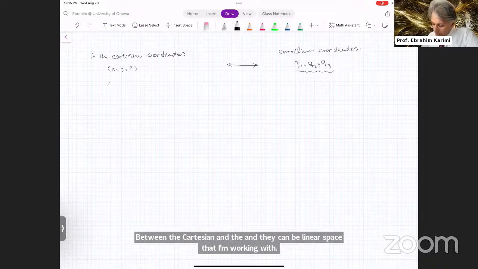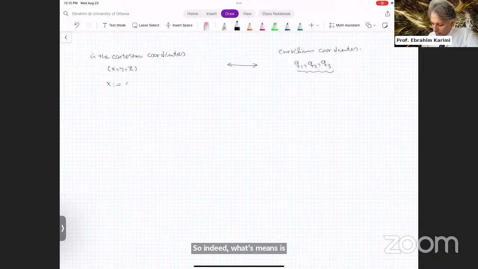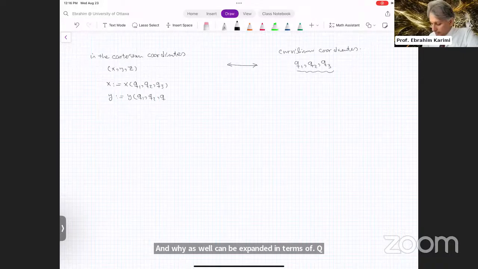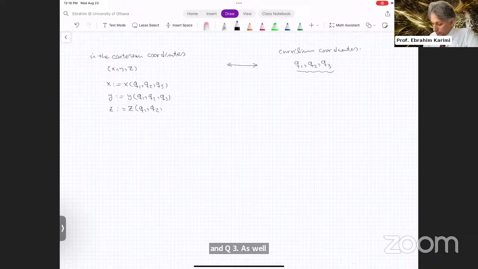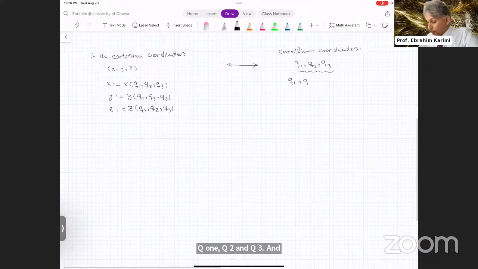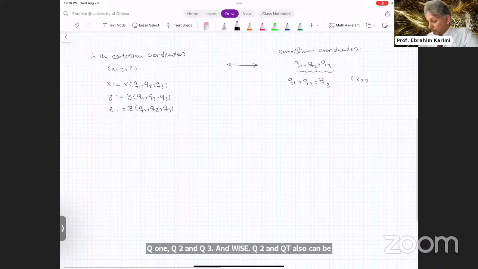So X can be expanded in terms of Q1, Q2, and Q3, and Y as well, as well as Z. And vice versa, Q1, Q2, and Q3 can also be expanded in terms of X, Y, and Z.